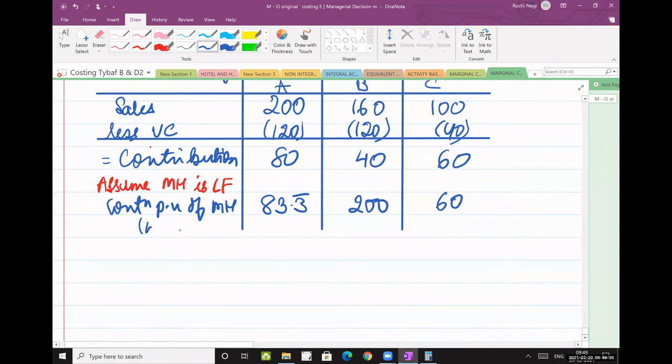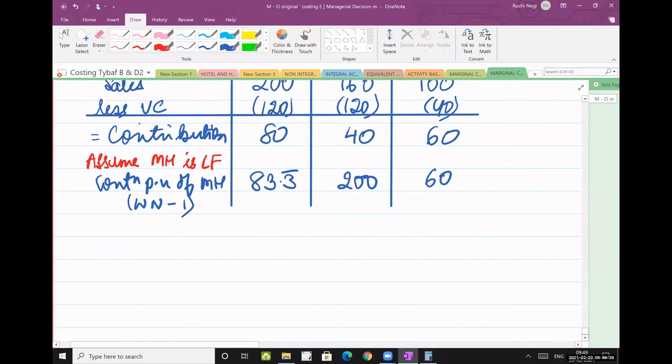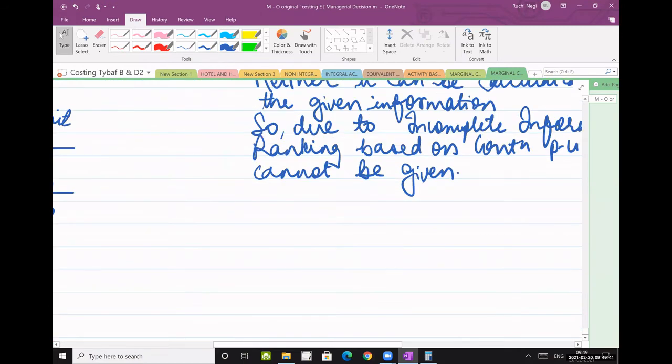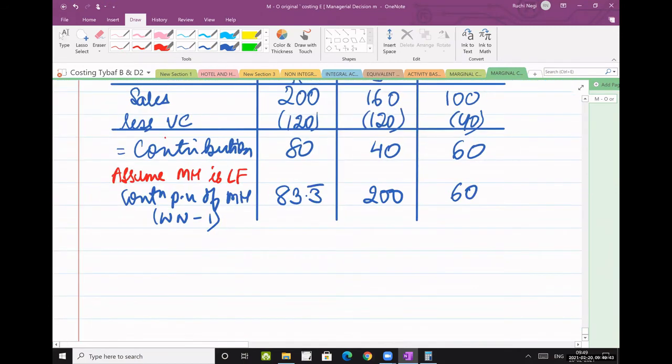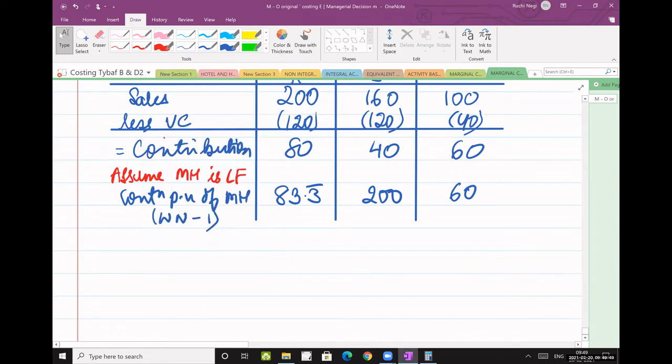Acknowledge it in the chat box. ठीक है, so now 80 divided by 83.3333, कितना हुआ? 0.96. Okay, so right here I can write 83.33, 200, and 60.